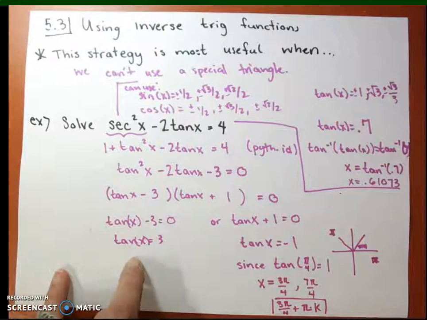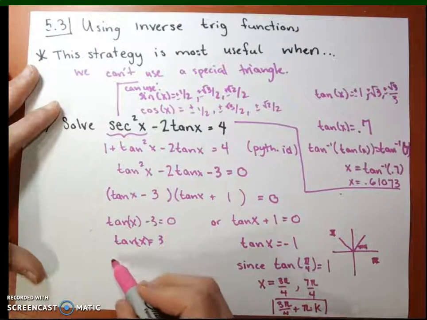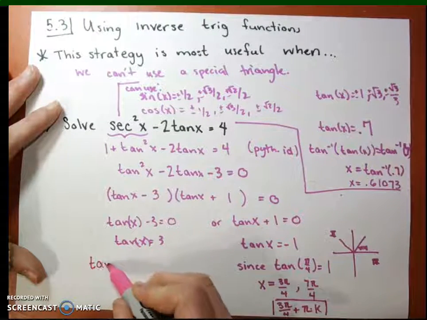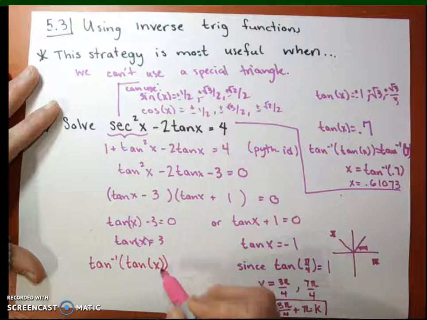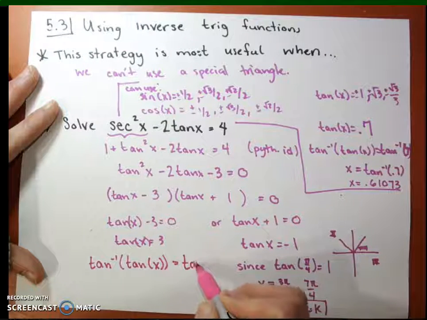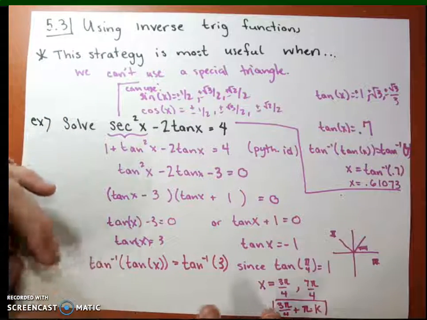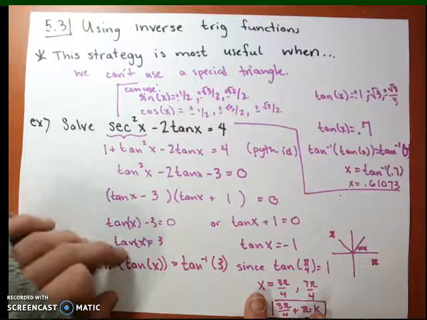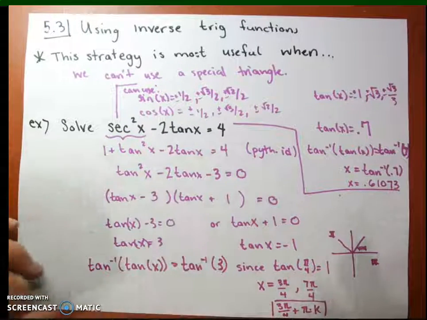But on this side, tan of x equals 3, well, that's not any of my special values, and so I need to take inverse tangent of both sides of this equation in order to break into the x. So it's kind of like what you did when we used logs and exponents. If I had ln of x, in order to break in there, I had to use an exponent.